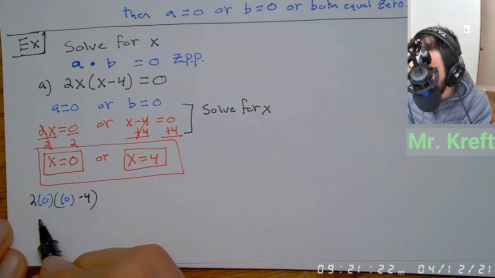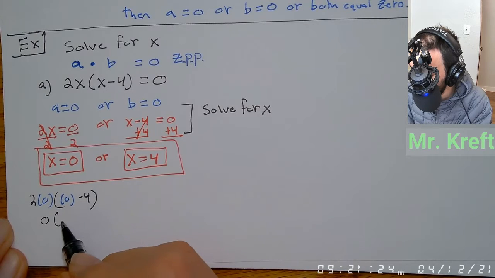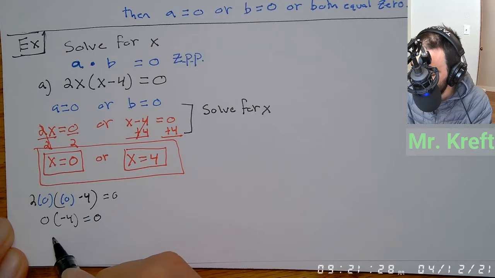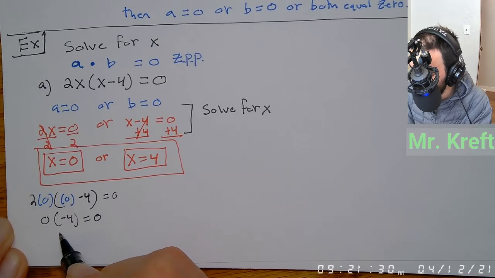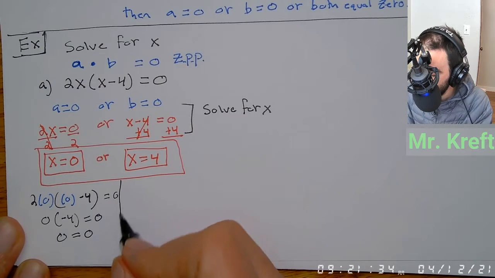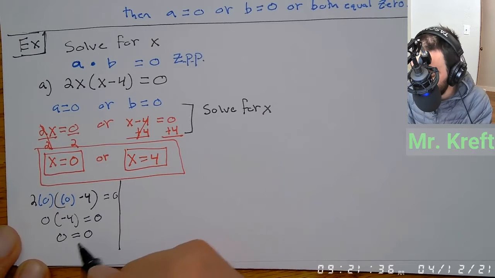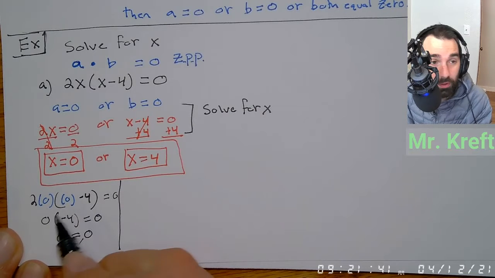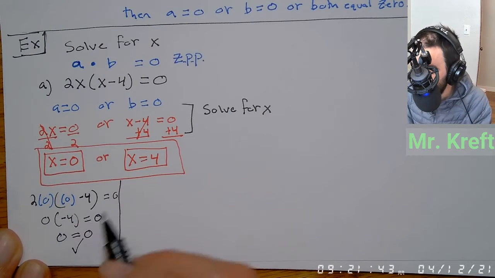So 2 times 0 is 0. 0 minus 4 is negative 4. And then 0 times negative 4 is 0. That checks out. So this is a true statement. Again, I'm just showing that you can check your work.